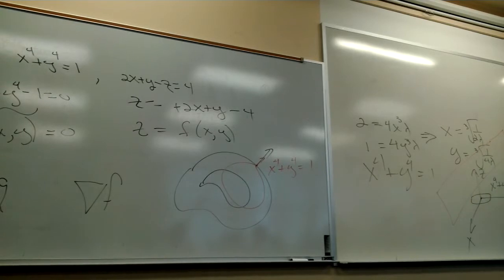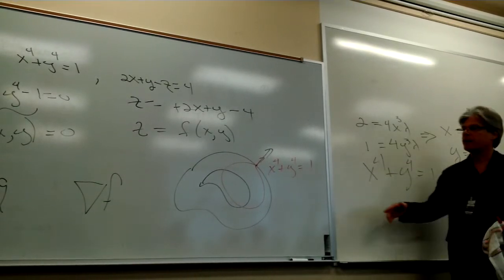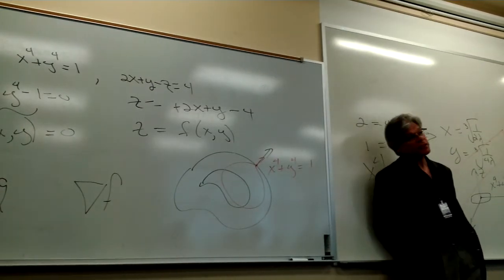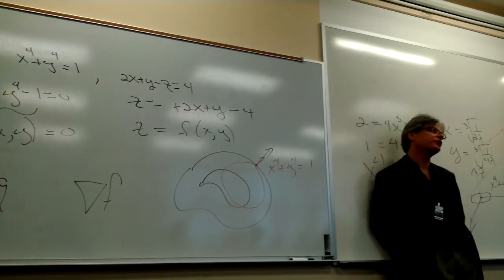That's why the Lagrange multiplier works the way it does: at that point of intersection between my constraint equation in x and y and one of the level curves from f, they are matched and touching in such a way that the gradient vectors are parallel to each other.